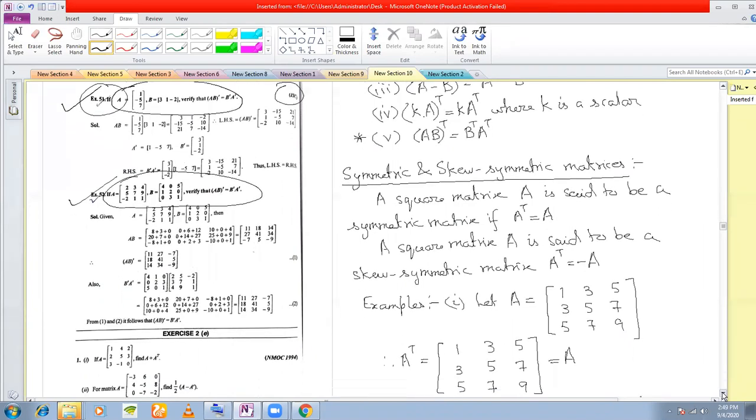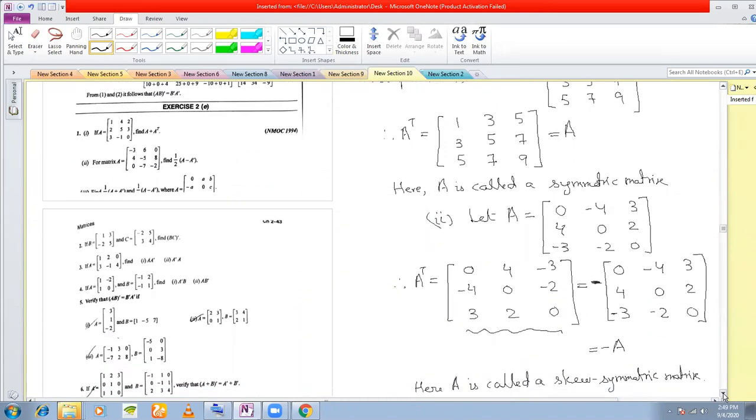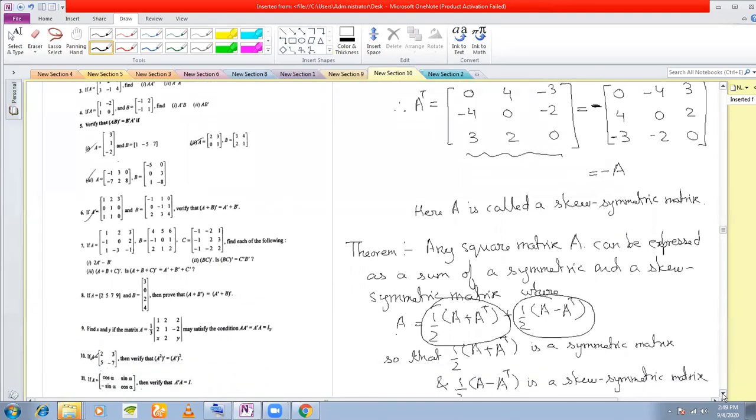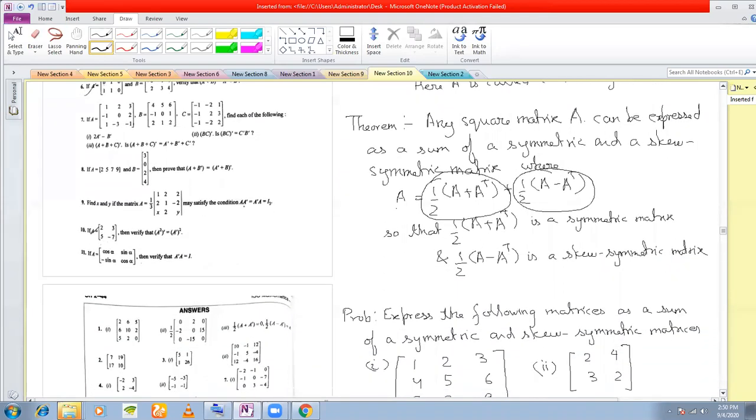Okay, now the exercise problems. In the exercise problems, go through, do this problem. Number 8, verify that A plus B transpose is equal to, sometimes transpose is also written as A dashed, okay? Whether you write A dashed or A transpose, it's the same. So A plus B dashed they have written, so you can verify this.